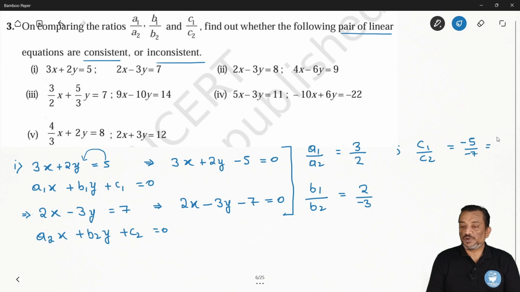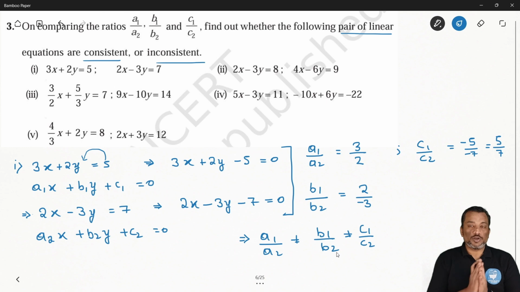So which means you will get 5 over 7. So now you can say here a1 over a2 not equal to b1 over b2. Okay, and also not equal to c1 over c2. So which means this ratio are not equal.